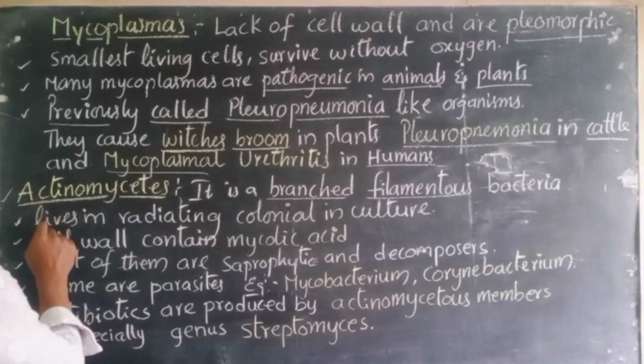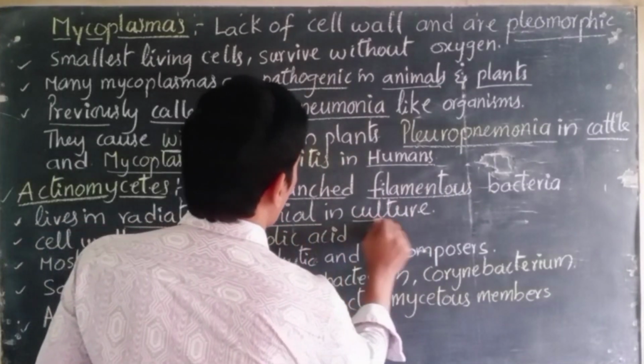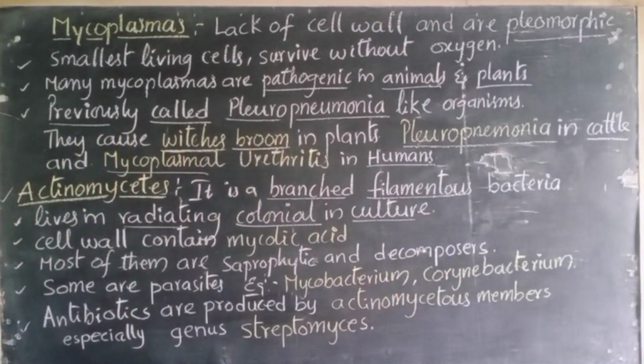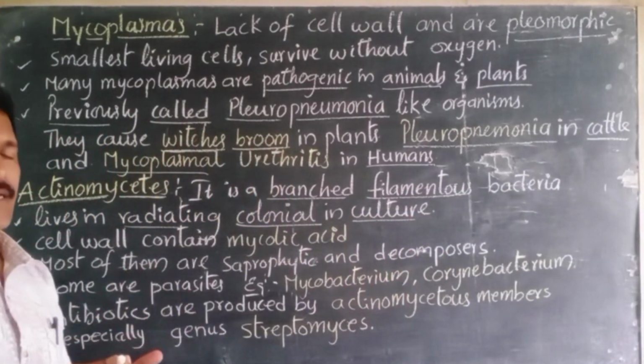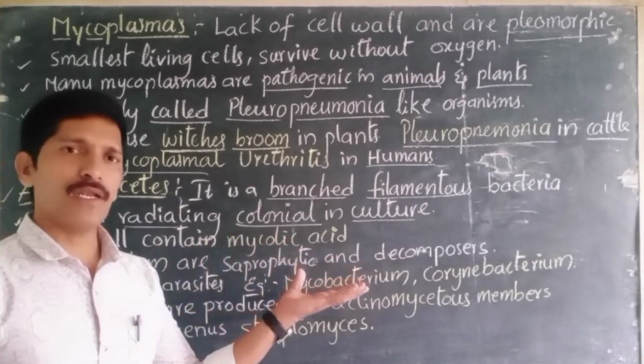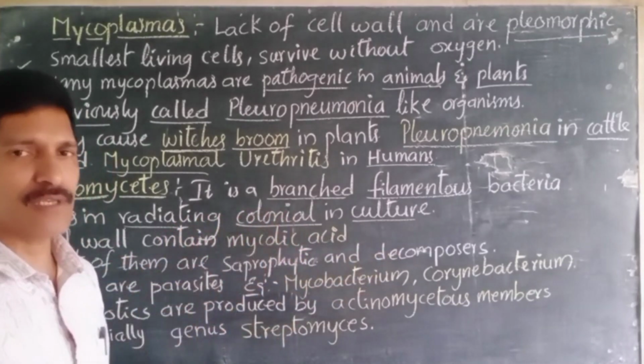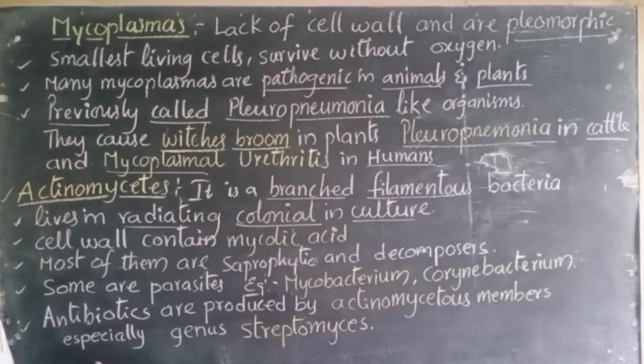One more point is that they live in radiating colonies in culture. They are not living individually or alone; they live in colonies, like a group of organisms living together.